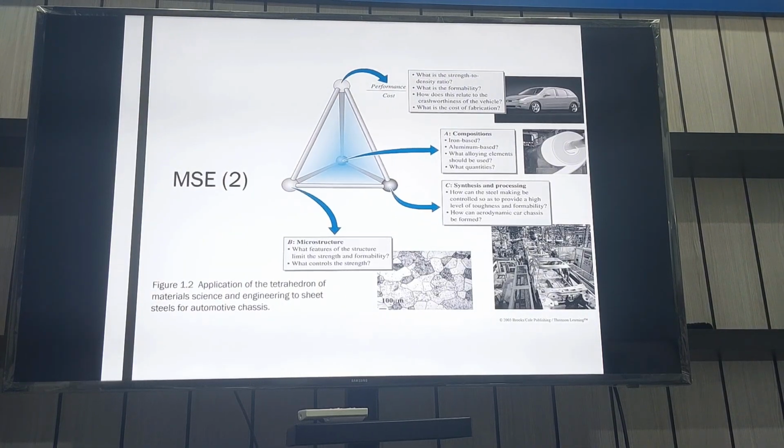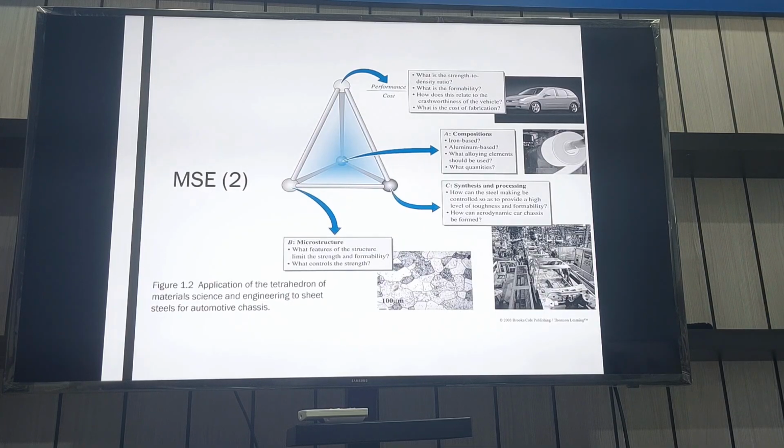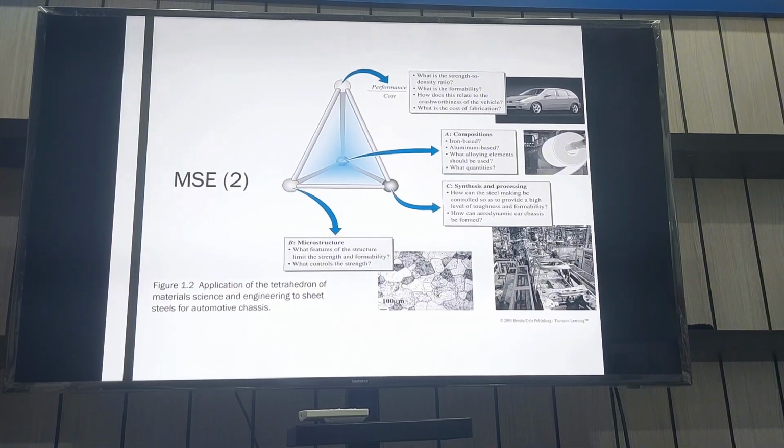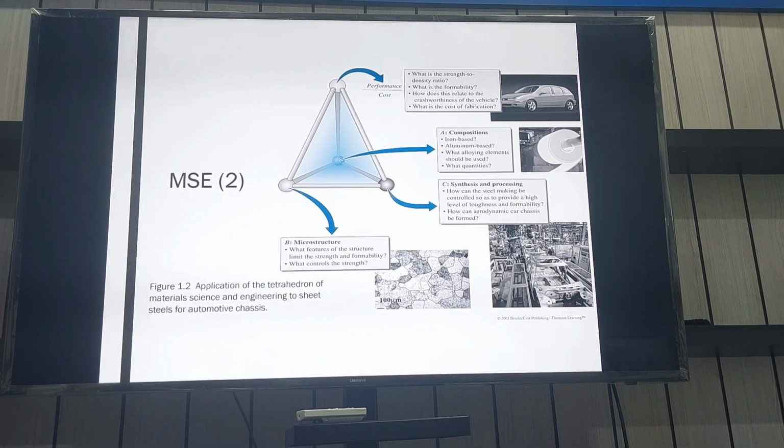Well, ideally, maybe hard strength but less dense, if that's possible in the real world. So the material has to be less dense, so it is lighter, but hard at the same time, if that's possible. Okay, that's ideal.